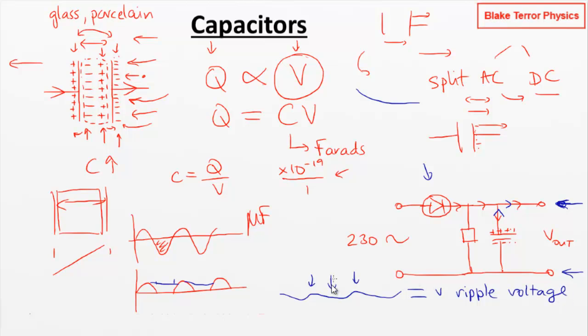So that can get smoothed out more and more. If you've got multiple phases, you can have a triple phase AC supply. So rather than just one of these AC curves, you'll have three of them. They'll all be slightly out of phase with each other. So you might have another one which is doing that, and then another one which is doing this.